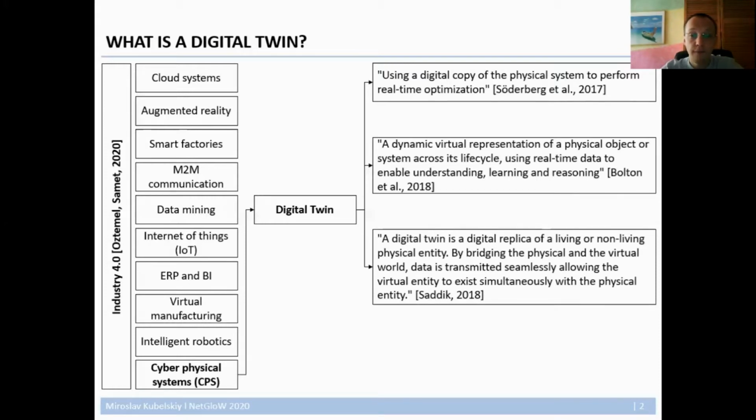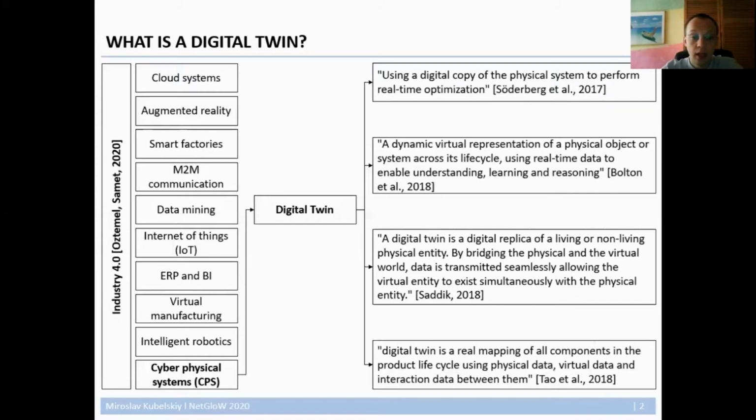By bridging the physical and the virtual world, data is transmitted seamlessly, allowing the virtual entity to exist simultaneously with the physical entity. And digital twin is a real mapping of all components in the product lifecycle using physical data, virtual data, and interaction data between them.